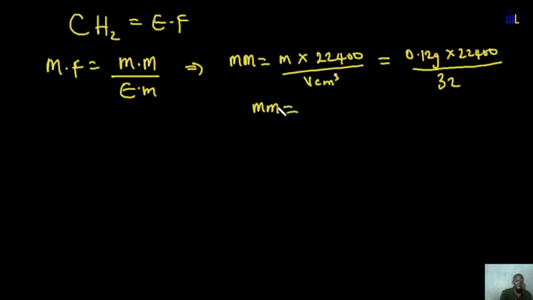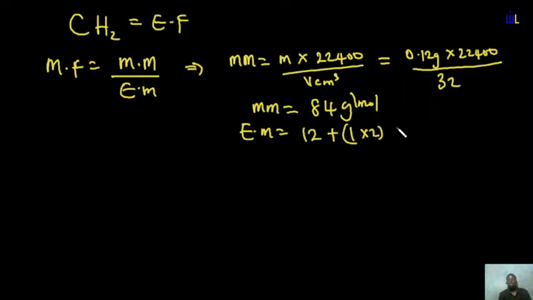Your answer for the molar mass is going to be 84 gram per mole. Now, let's find the empirical mass. The empirical mass is simply an addition of all these, 12 plus 1 times 2, which is 14.